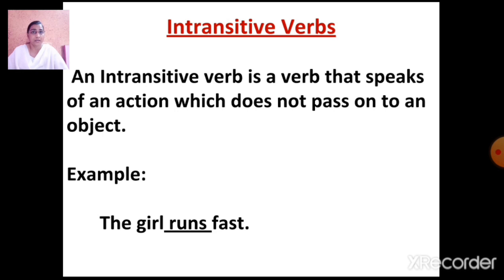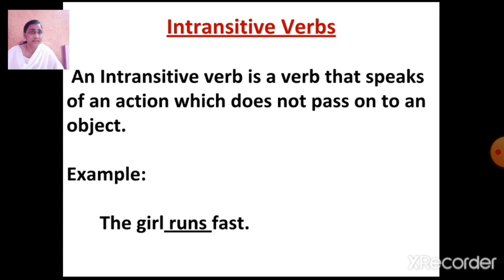Alright? Now, let us revise the intransitive verb. An intransitive verb is a verb that speaks of an action which does not pass on to an object. For example, the girl runs fast.